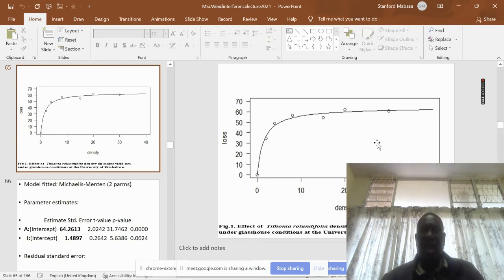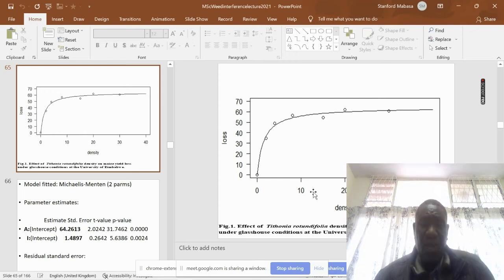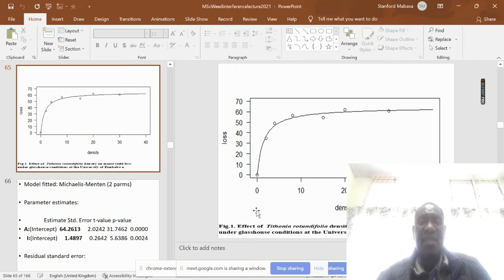Now, this result was obtained by one of the students who was studying Tithonia and maize competition. You can see he applied the Cousins approach, and he could draw this graph.